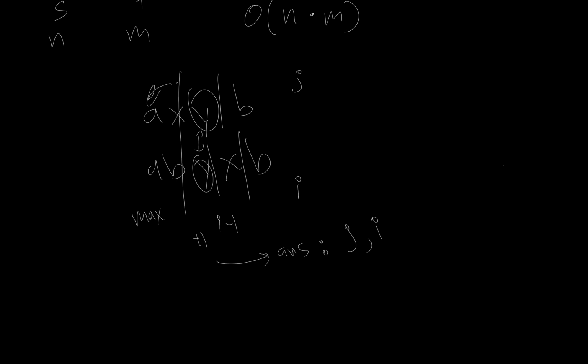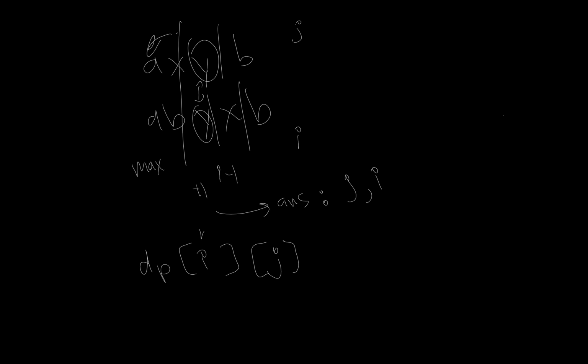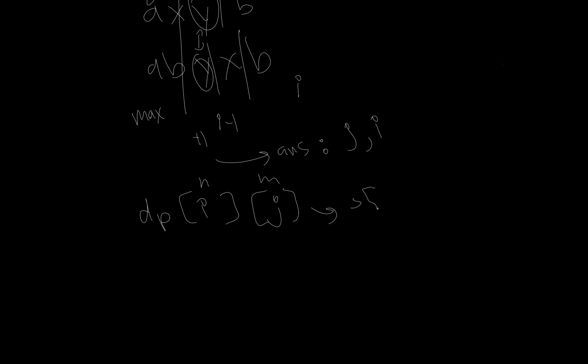We are going to have a DP with dp of I and J, which are the first I values of S and the first J values of T. So it's going to be at most N, at most M. And the way we're going to answer this is, if S of I is not equal to T of J, then clearly we can't just keep this value, right?